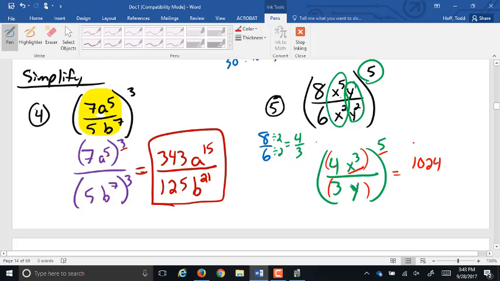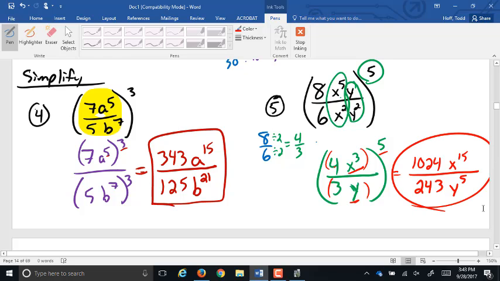X to the 3rd to the power of 5, x to the 15th. Good. 3 to the power of 5 is 243. Very good. And then y to the power of 5 is just y to the 5th. You can think of that as 1 times 5 is 5 if you want to.